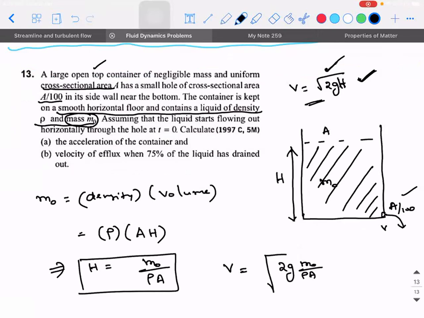Okay. So once I get this value, what do they mean by acceleration of the container? Can someone explain this? What are they trying to say by acceleration of the container?